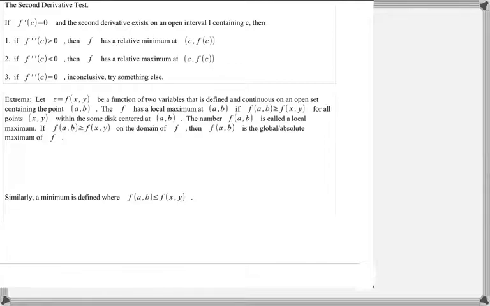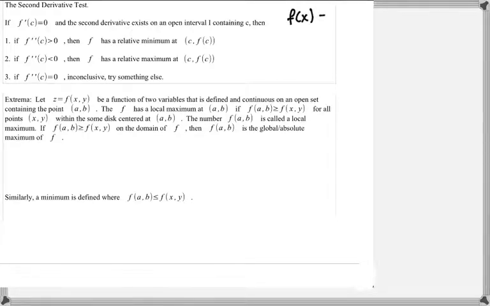If the second derivative is negative at c, then you have concave down at c, and you have a relative maximum at the point c, f of c. If the second derivative evaluated at c is equal to 0, try something else. Go back to the first derivative test.